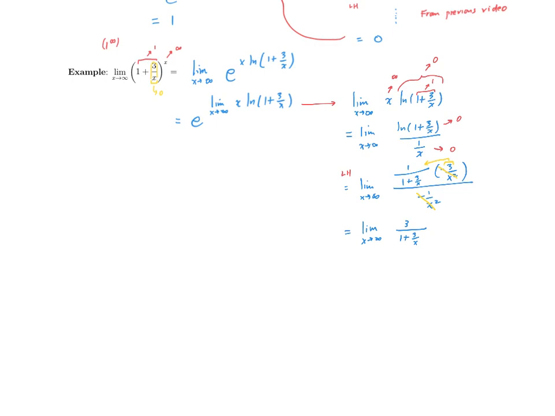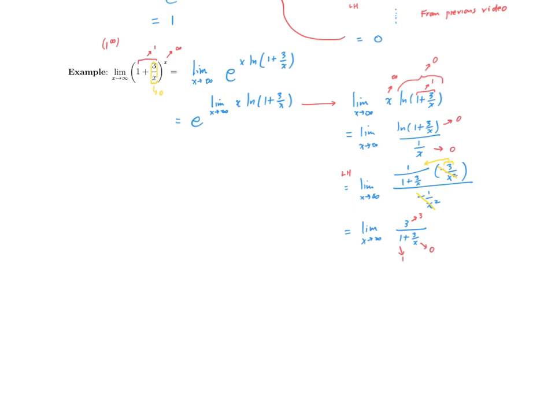Now if we think about what happens as x approaches infinity, well, the limit of a constant always approaches that constant. And as we noted a moment ago, 3 over x is 3 divided by something large, which must approach 0.